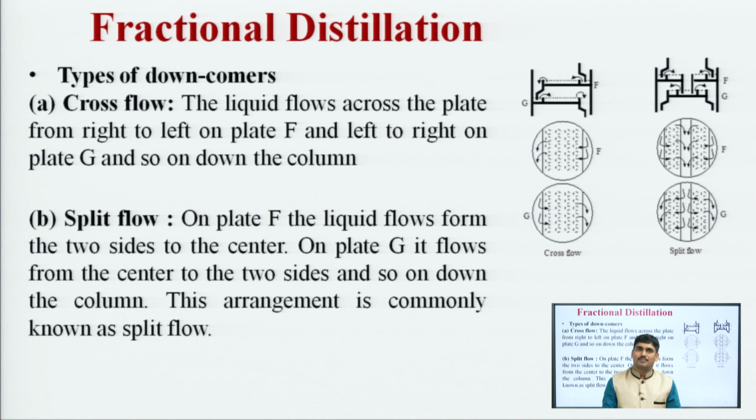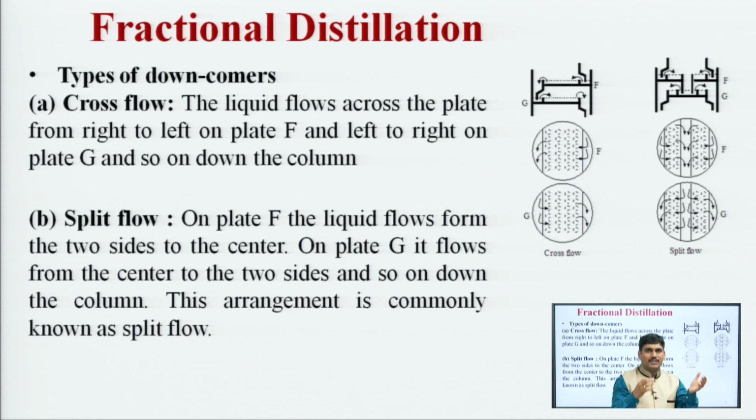Next type of flow is split flow. Split flow, what happens, on plate F, from the outer side the liquid is moving to the center, and on plate G from the center it is again moving outwards.